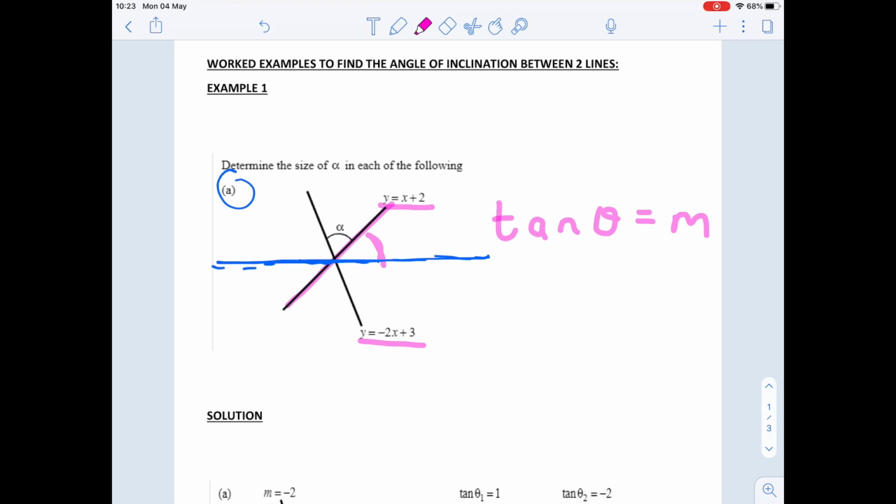So now, if I want to get to little theta, which is alpha sitting there, I just need to take the bigger one minus the smaller one. And that will be giving me my answer.